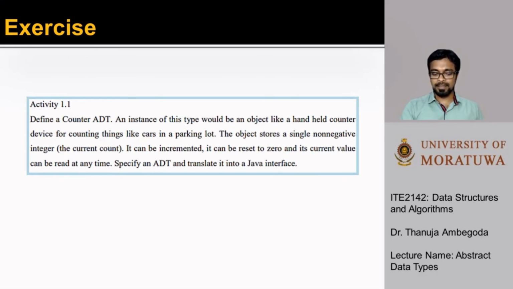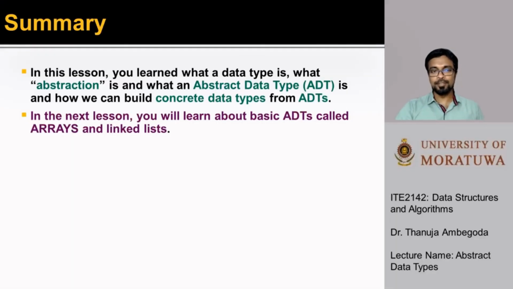So in conclusion, in this lesson, you learned what a data type is, what abstraction is, and what an abstract data type is. And you also learned how we can build concrete data types from abstract data types.